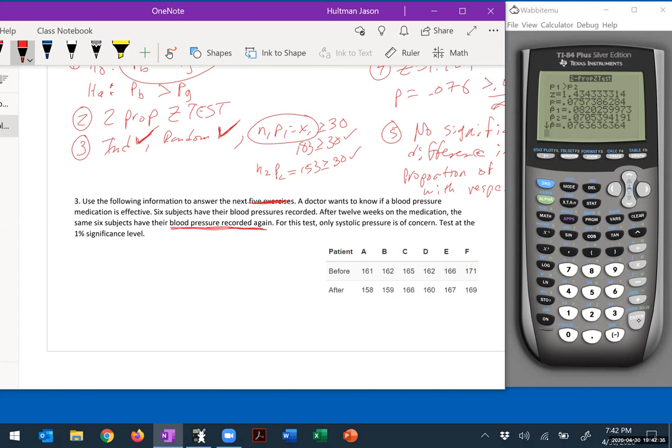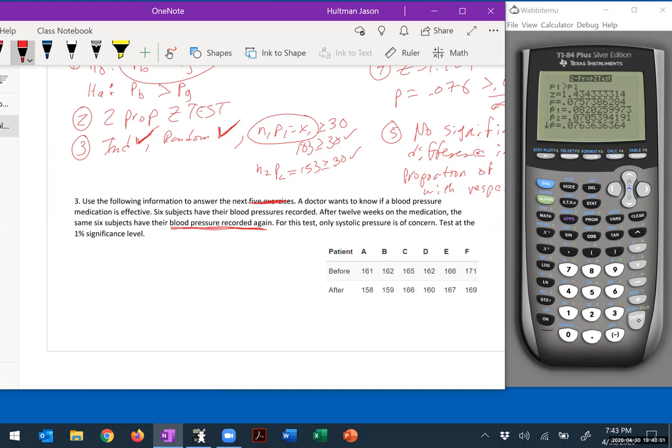So is this going to be paired data, or is this just befores and afters? Do I care about pairing the data or not? Do I want to compare patient A before to patient A after?